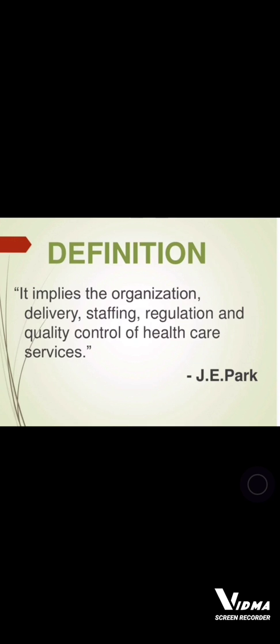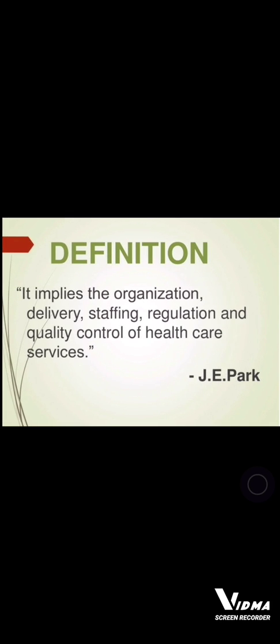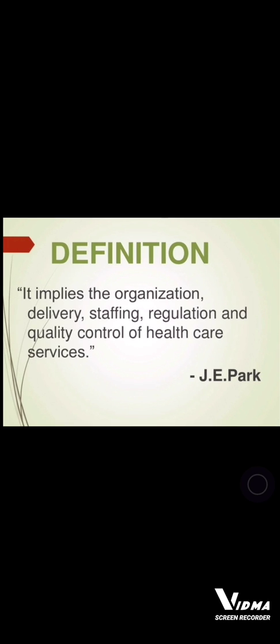As you can read, the healthcare delivery system implies the organization, delivery, staffing, regulation and quality control of healthcare services. So the healthcare delivery system in India will make an organization, deliver quality health services, and regulate the policies.